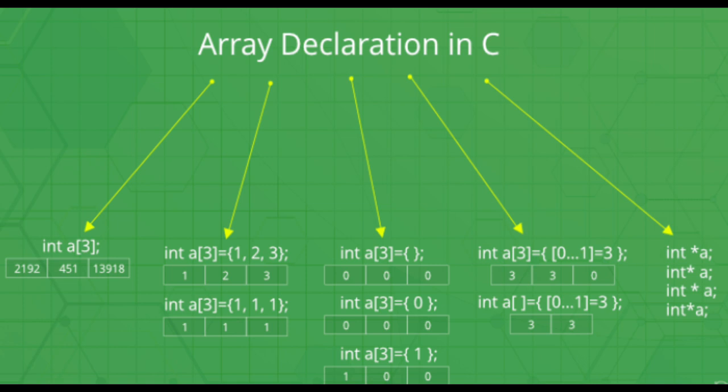And in another representation here, you've given a data type int, array name a, and 3 is the size of the array, and inside the braces you assign values with the range 0 to 1, which means indices 0 and 1 are given here, and the value 3 is to be stored in both of these indices, right?